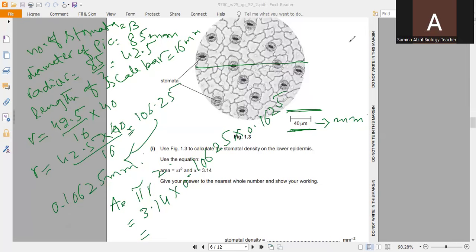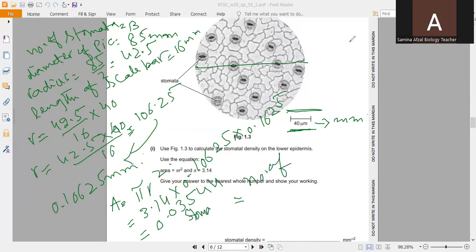It will be better for you. So it is nearly equal to 0.03544.